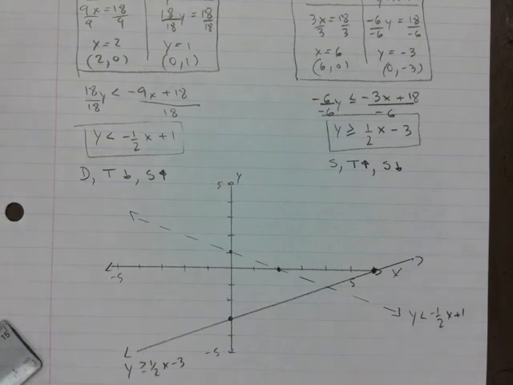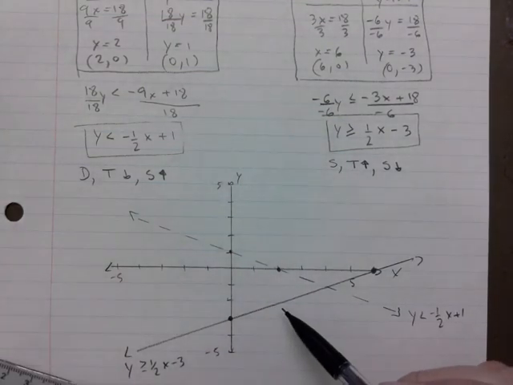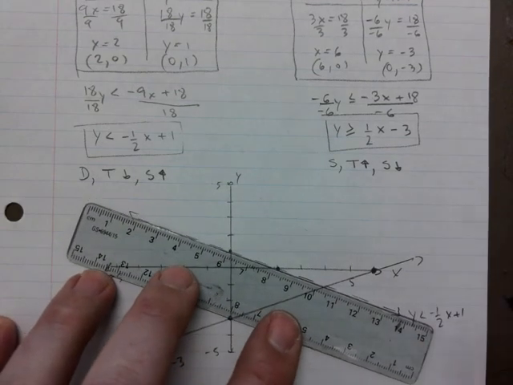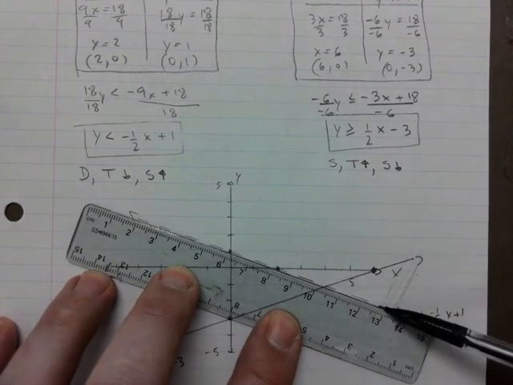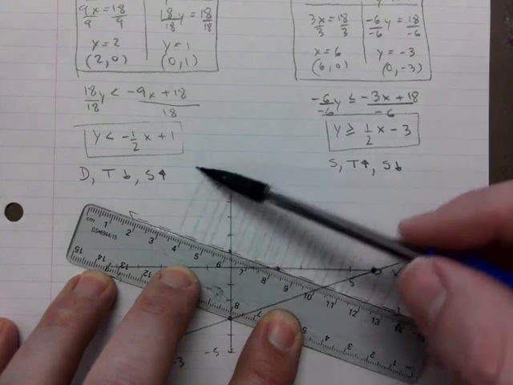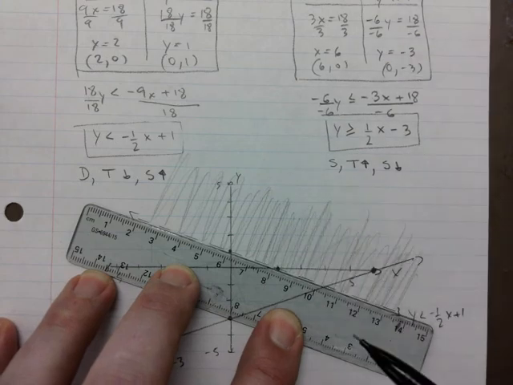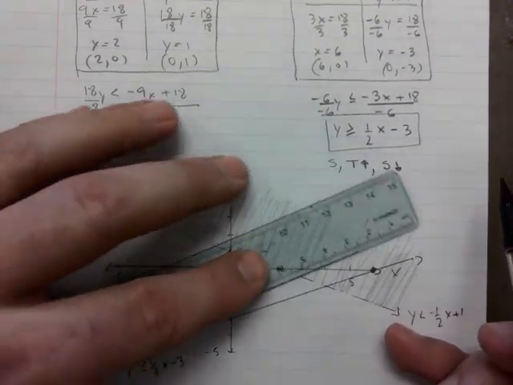Okay, all right, so let's shade one at a time. So the dashed, we're shading below. And the other one, we're shading above.